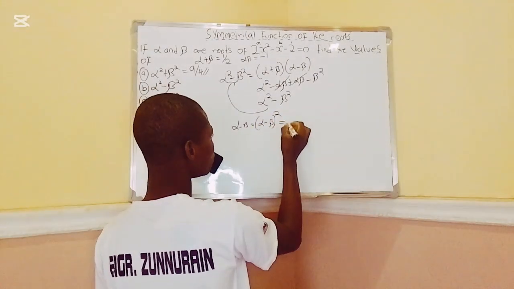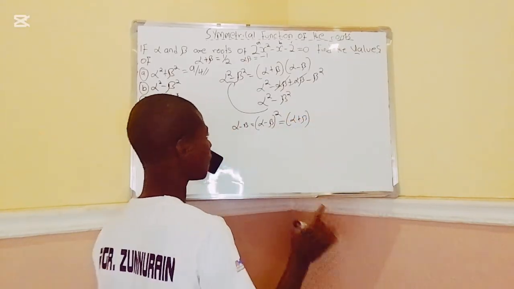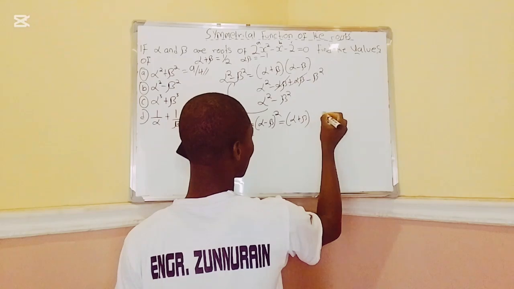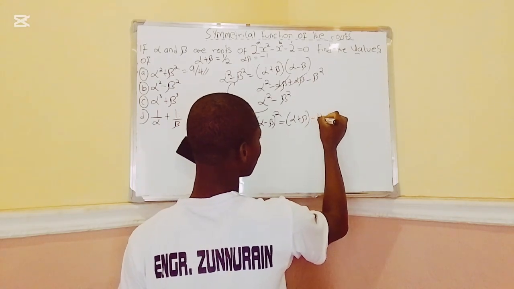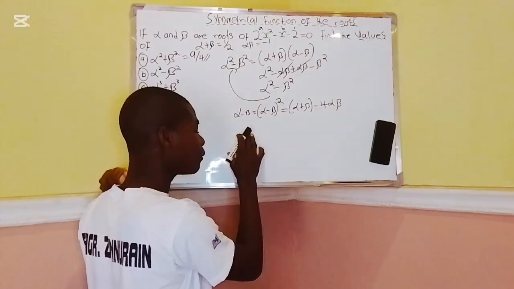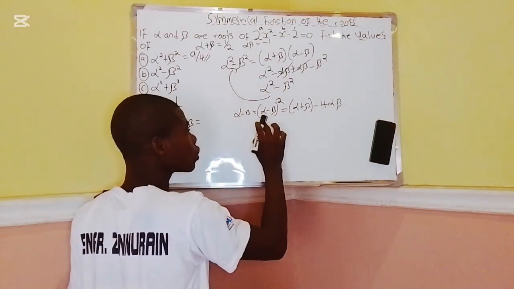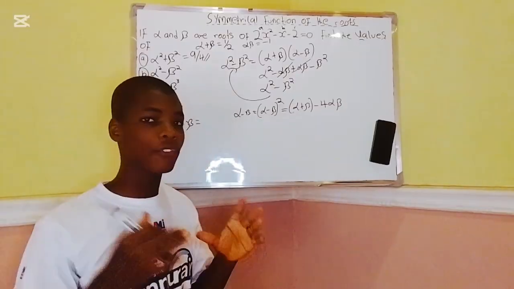This will be equal to alpha plus beta squared minus 4 alpha beta. Alpha minus beta cannot be solved directly, so we have to square it.